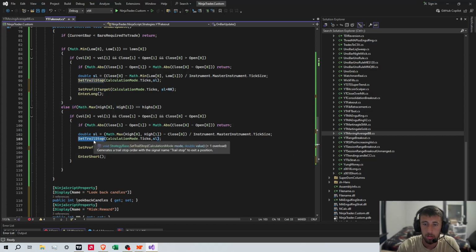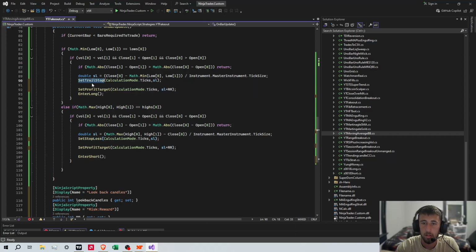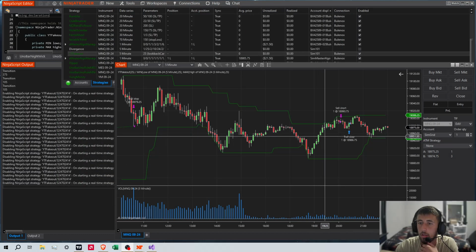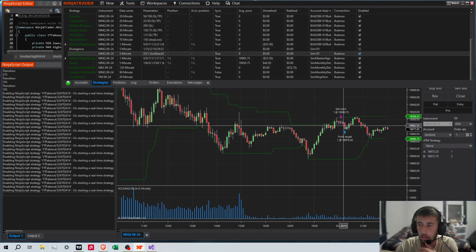And then we're going to change this to set stop loss and set stop loss. Compile.